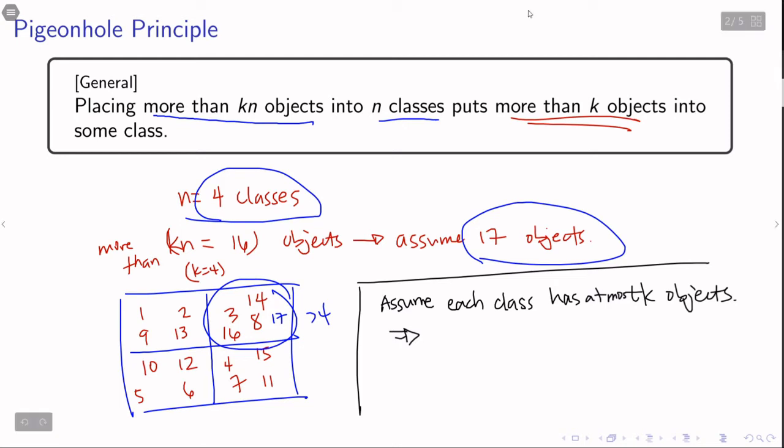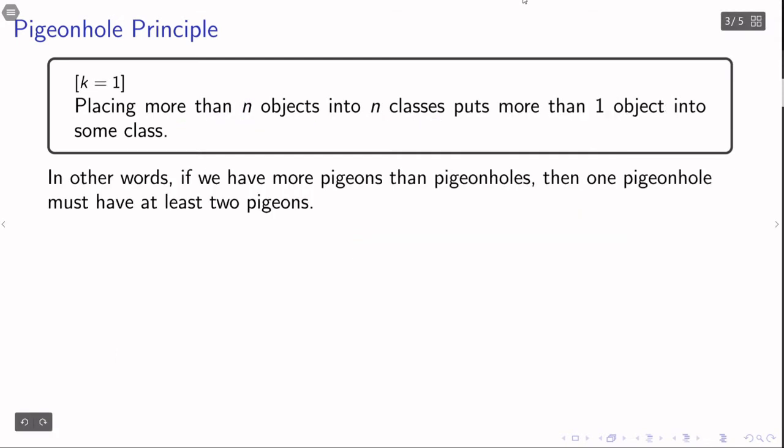And now the form of the pigeonhole principle that you'll probably be using more of in this course is that specific form for k equals 1. When you basically plug in k equals 1 into the previous statement, this is exactly what you get, right?